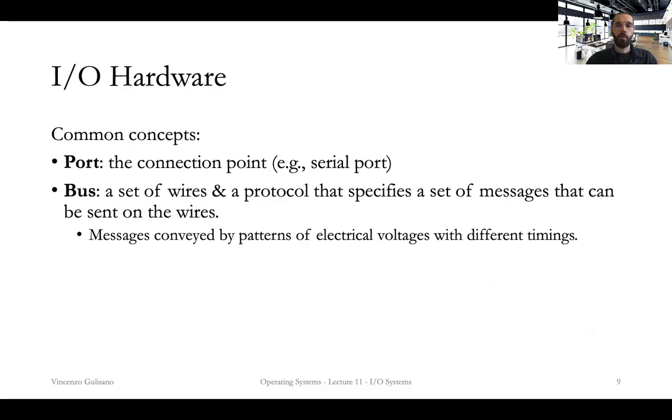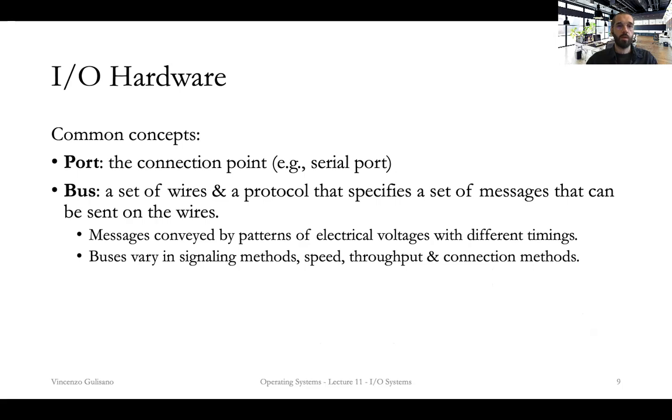Patterns of electric voltages with different timings. These are basically the signals. And of course, different types of buses have different methods for sending signals. They can go at different speed, throughput, and so on and so forth.